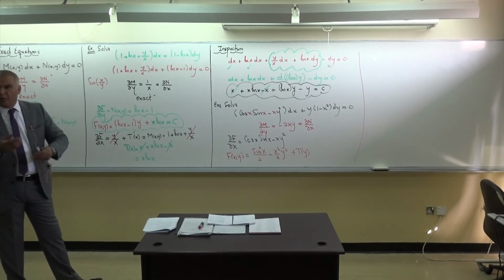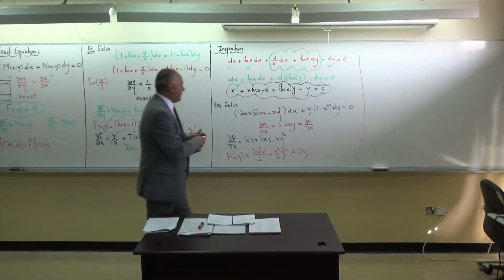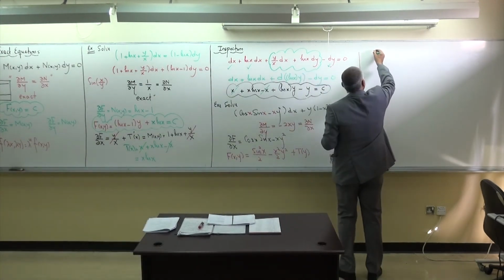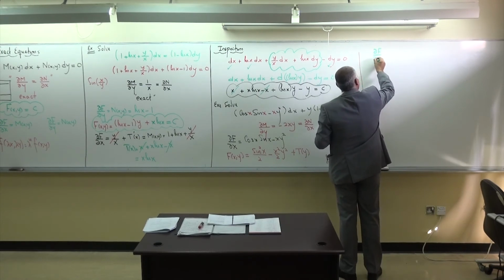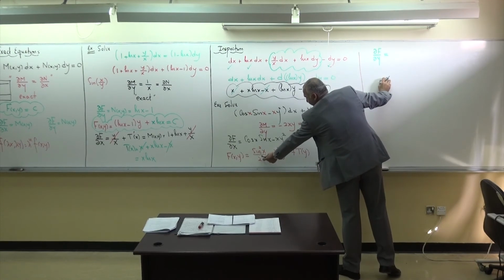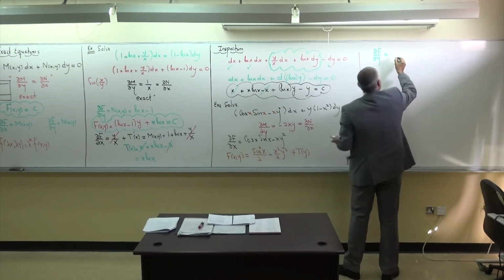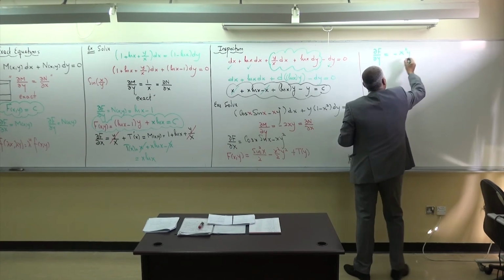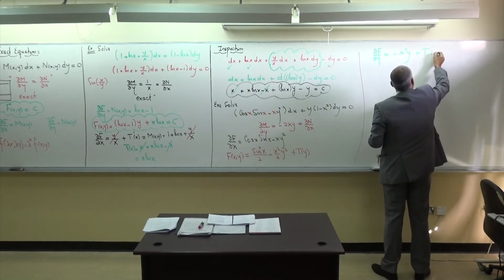You want to find the value of t(y), so we differentiate with respect to x. With respect, sorry, to y. This has no y, so its derivative is zero. This has derivative minus x squared y plus t prime of y.